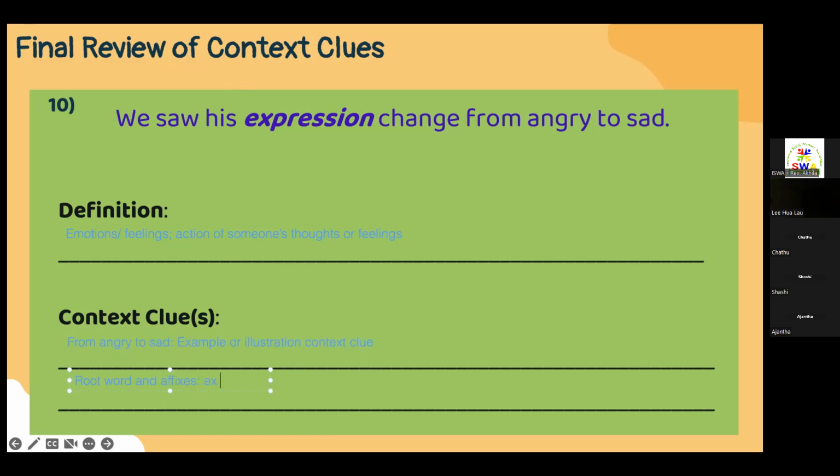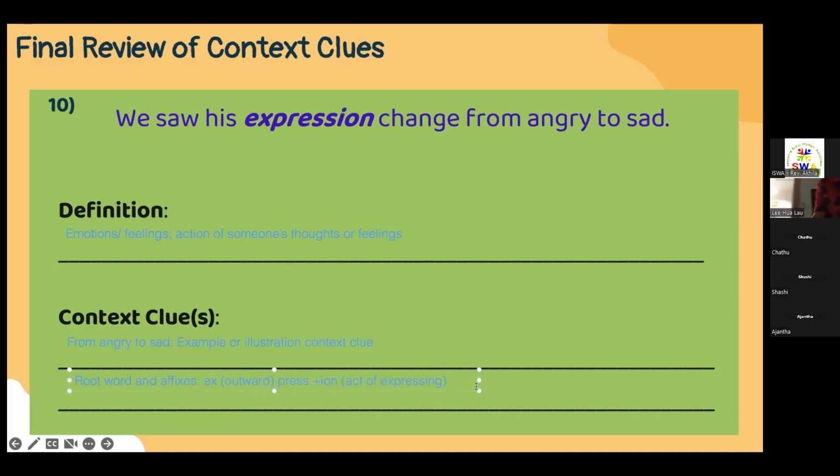Ex, right? Ex actually is outward. And the suffix means the act of expressing. So this is a bit difficult.